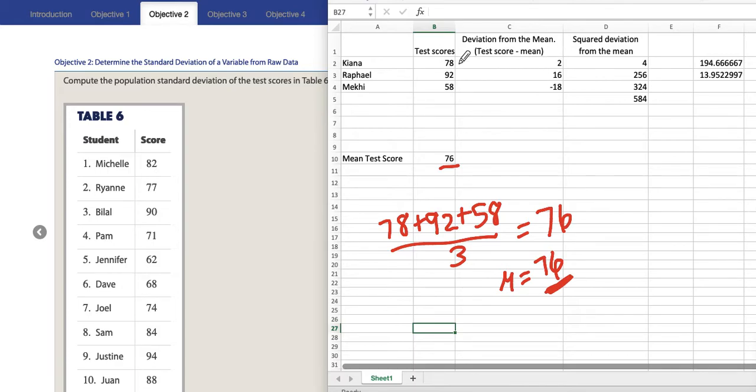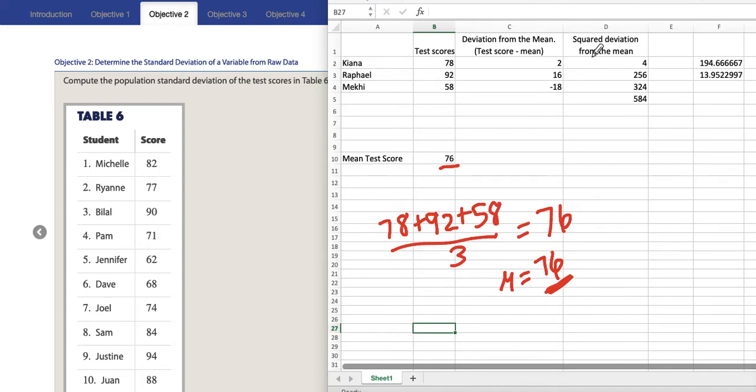So 78 minus 76 is just 2. It's just 2 points away from the mean. Then 92 minus 76 is 16, and then 58 minus 76 gives us negative 18. So that's all we did here.